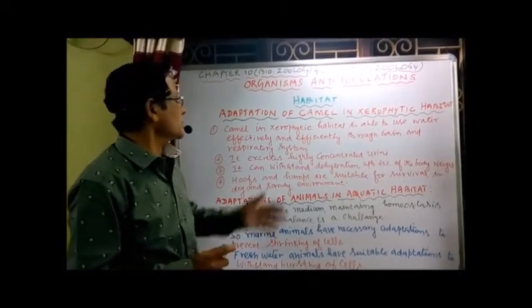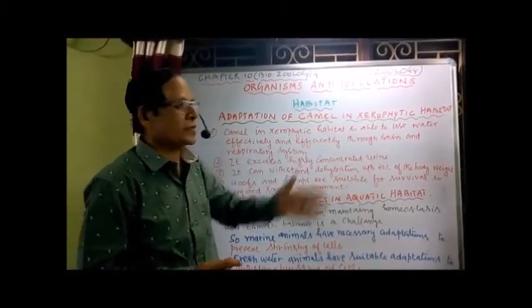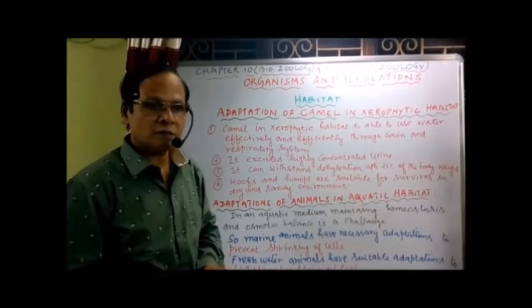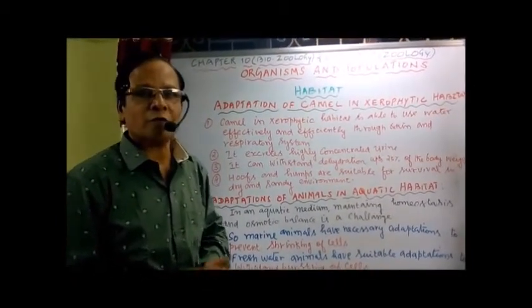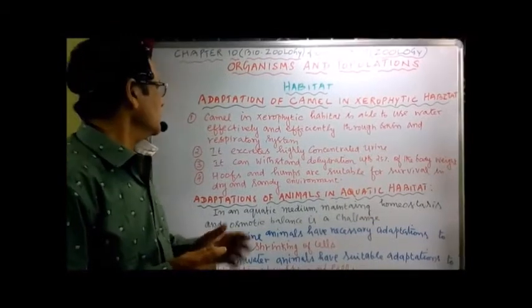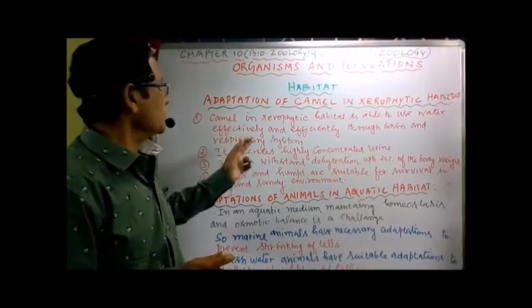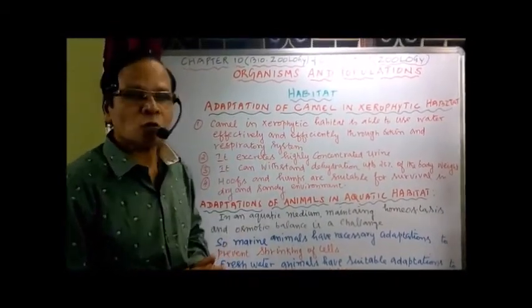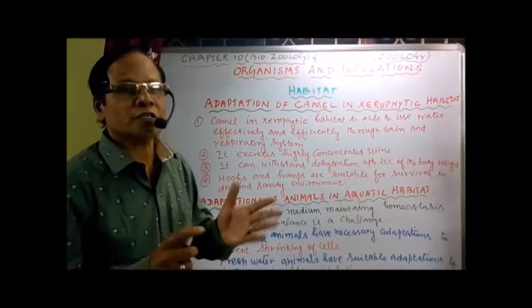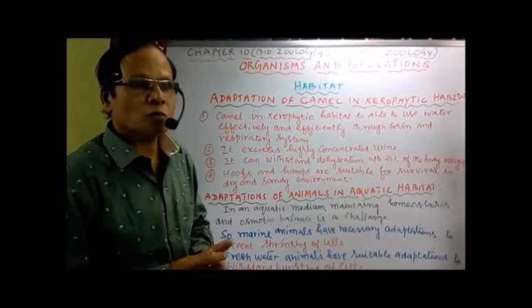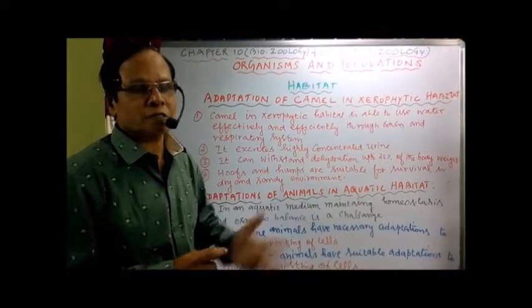Let's take first the adaptations of the camel in a xerophytic habitat, because it lives in the desert, with arid conditions where the availability of water is less. Number one, the camel in a xerophytic habitat is able to use water more effectively and efficiently, through its skin and respiratory system.